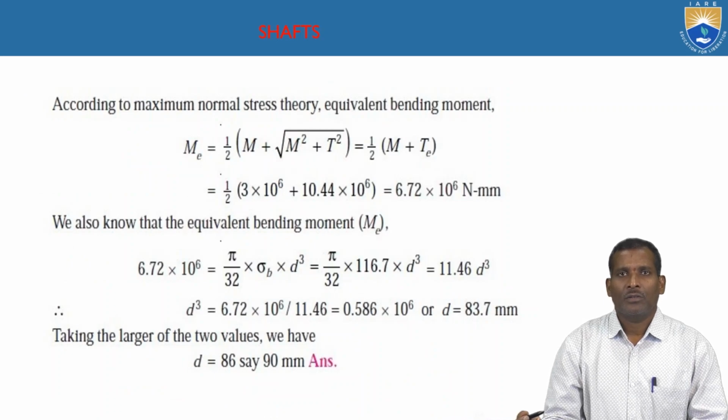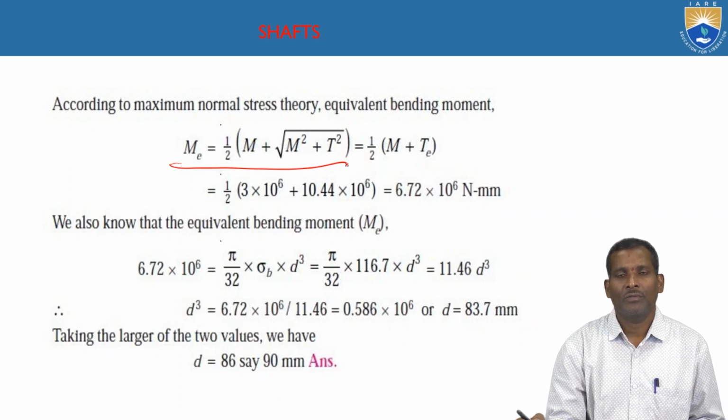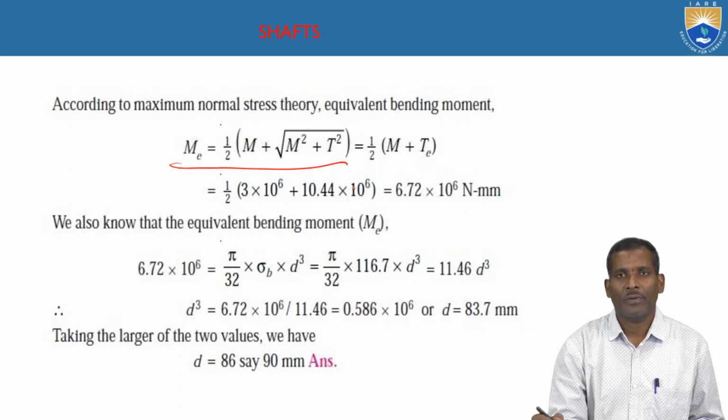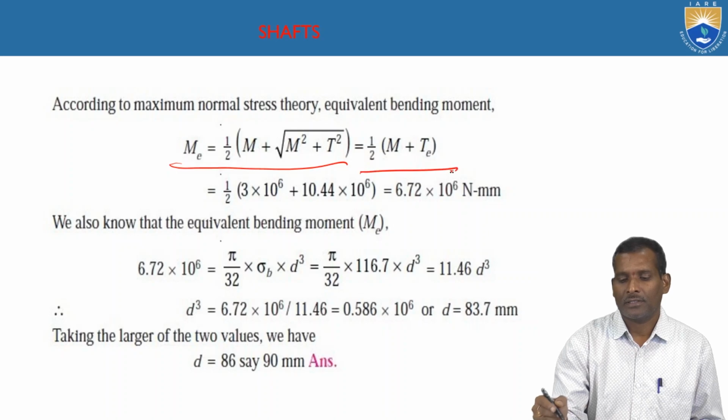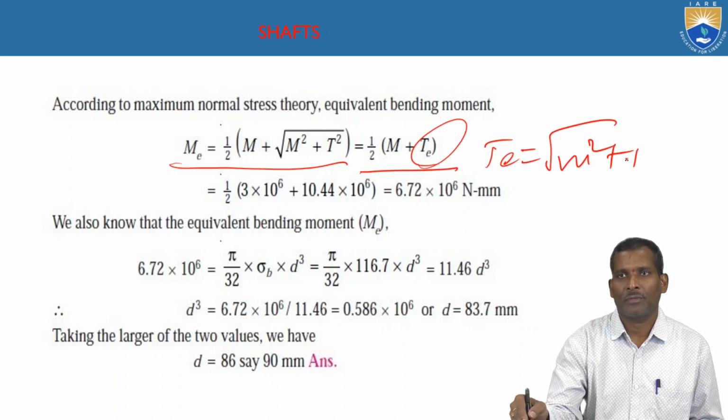The second theory is the maximum normal stress theory, so find the equivalent bending moment. The equivalent bending moment equation is half multiplied by the bracket M plus the square root of M square plus T square. Here TE is equal to the square root of M square plus T square.